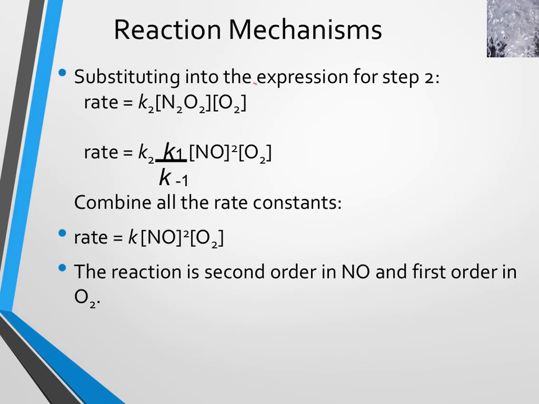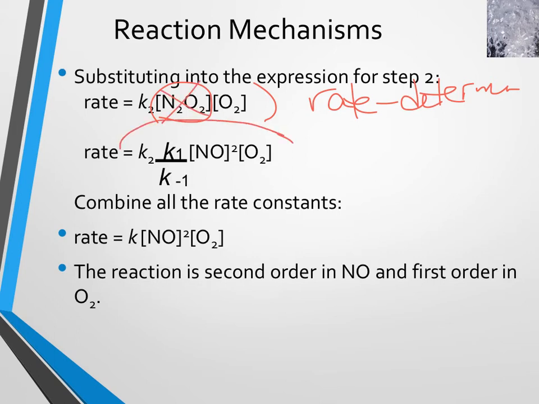So here is the original rate law for the rate determining step. And our objective was to get rid of this intermediate species. So we set an equilibrium for the fast first step, and then we plugged in what we saw for N2O2, and we get this. So now if you go back to the reaction, all of the substances in the rate law are in fact reactants, so that's good.